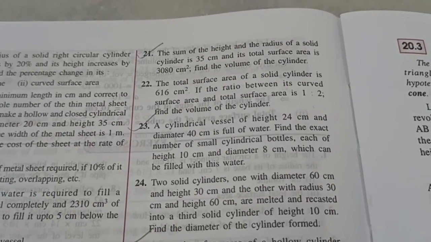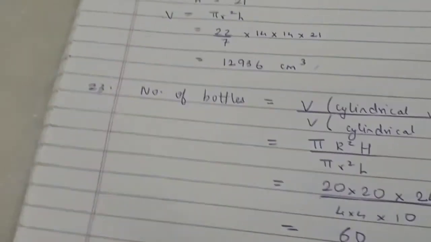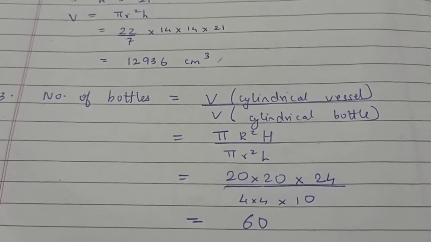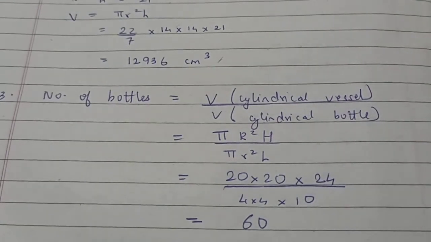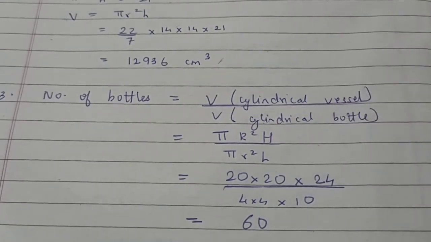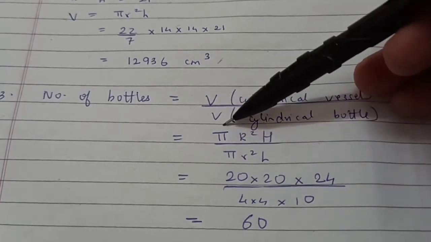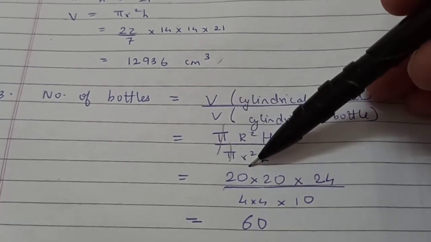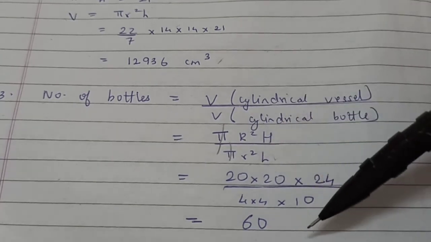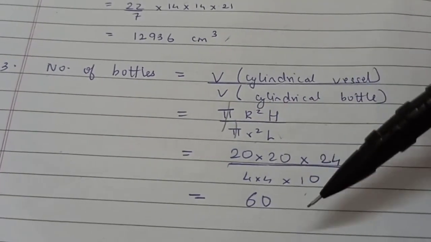The formula is very straightforward. Number of bottles is equal to volume of vessel upon volume of bottle. It's always bigger volume upon smaller volume. Remember that. So we substitute the formulae. Pi and pi get cancelled. R values we know. H values we know. So the answer is 60. Number of bottles, so no units.